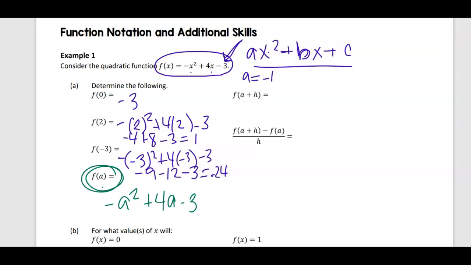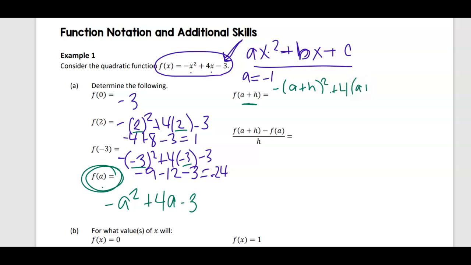Well, what if I ask you to plug in a plus h? I'm going to do that the exact same way that I did any of these over here when I was plugging in an integer number or one of our counting numbers. So negative, and then in place of x, I'm going to plug a plus h squared, plus 4.